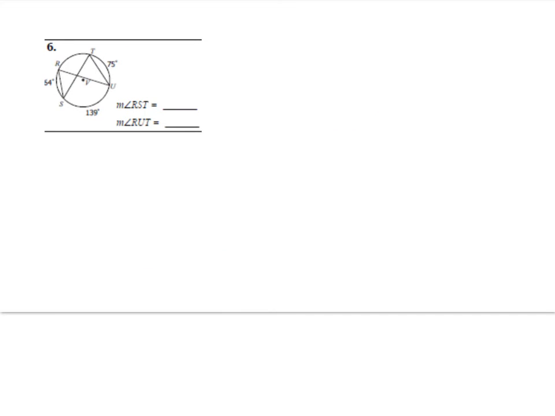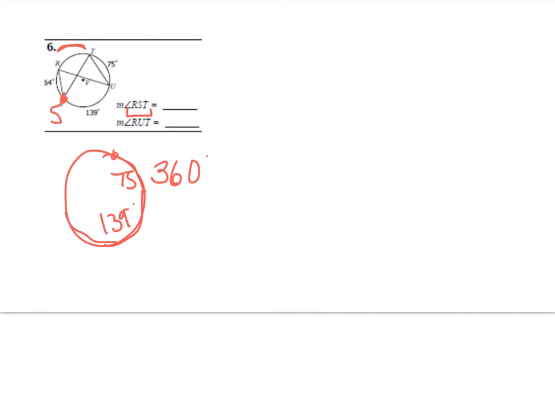The next problem, we're looking for angle RST. We go from R to S to T, so we're looking for this angle right here. It is connected to this arc, so we need to find that arc. What we do know about this problem is that the whole circle adds up to 360. We know from here to here is 75, from here to here is 139, and from here to here is 54.